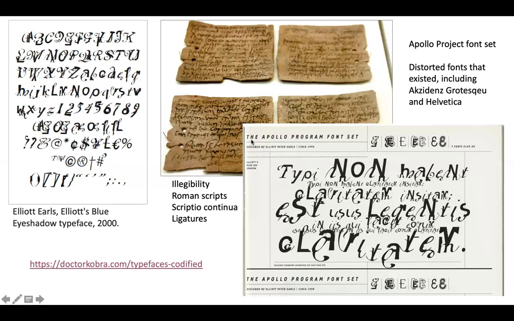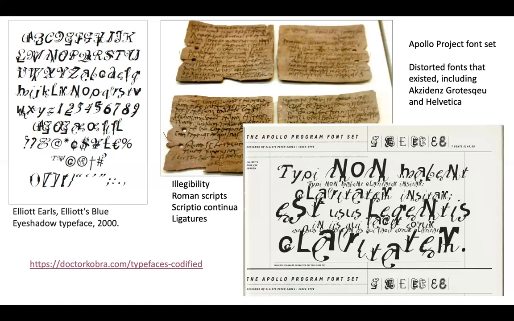Here they did create this. They were working in a university, the name escapes me, in a program, he and other graphic designers, called the Apollo Program Font Set, and this is just one. This is a little bit of an example of how the type would have been used, perhaps.